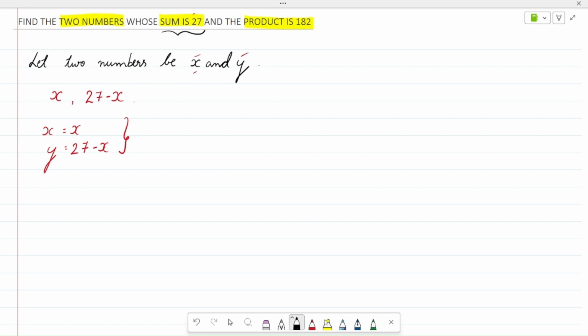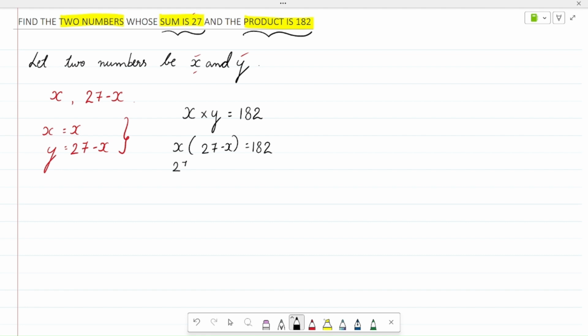Now how am I going to figure out those two numbers, x and y? Very simple, using this particular clue. The product of the two numbers x and y, when I multiply, I will be getting 182. So now I know x as it is, and y I can write as 27 minus x, which is equal to 182.